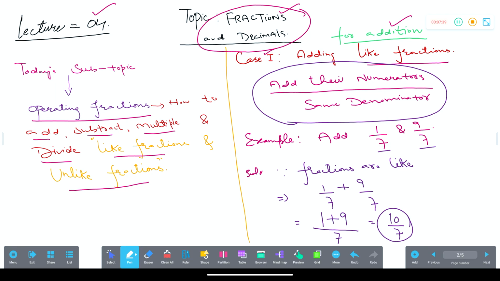Let me take one more example. So I will take the second example.